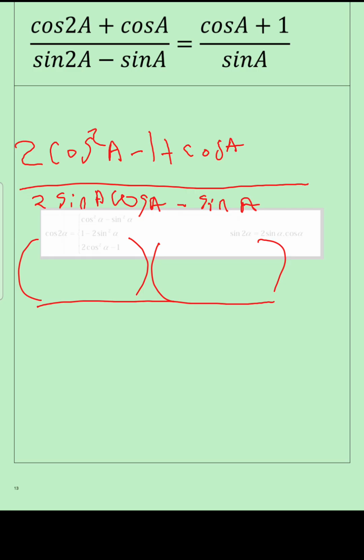We're going to have 2 cos x, because this is quadratic, minus, okay. Now you put 1 there, put minus there.